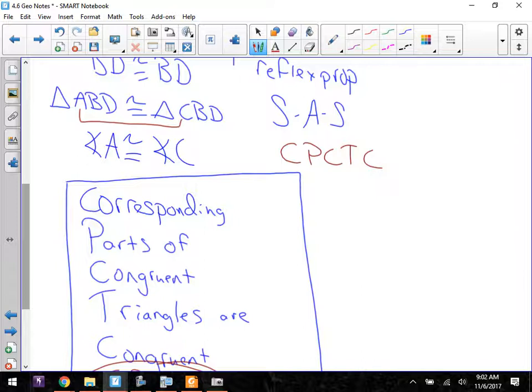We can use these shortcuts. But because that is true, then all the corresponding parts of those triangles are congruent. The CPCTC thing, corresponding parts of congruent triangles are congruent, shows that after you have triangles that are congruent, you can say that.